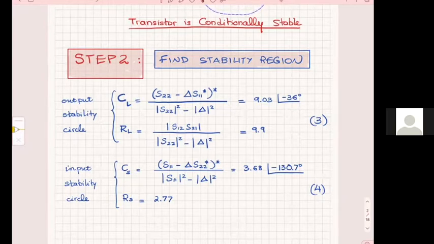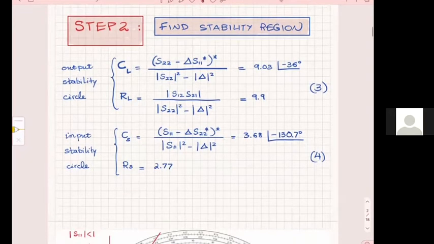You draw for the gain of the incoming network, G sub S, and for G sub L. You draw circles for the whole gain, as you will see here. You draw circles for VSWR. That's all there is to it. So you always need to remember that if you have to design for something specific, you've got to draw your circles, so you have to find the correct formulas that give you this.